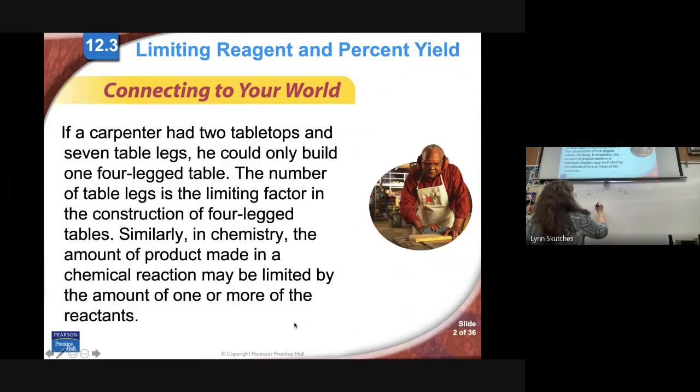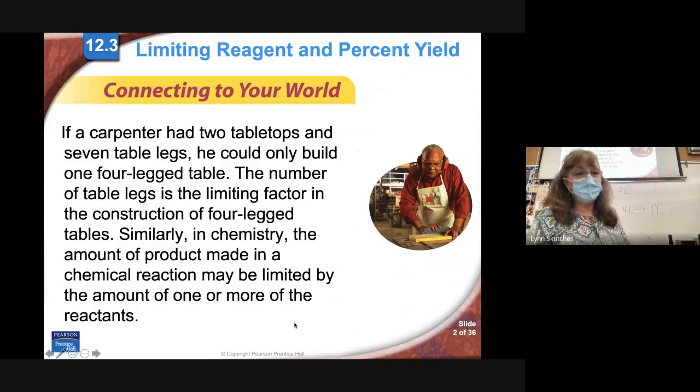So our recipe is 1 tabletop plus 4 legs makes 1 table, for example. Totally silly, right? So how many tables can he make with these ingredients? Just 1, right? He's going to have a leftover tabletop, and he's going to have 3 leftover legs, but he can only make 1 table because this is what the recipe requires.